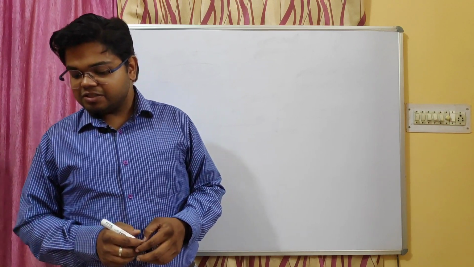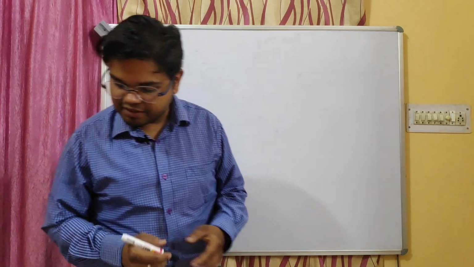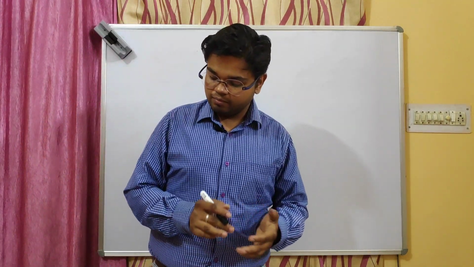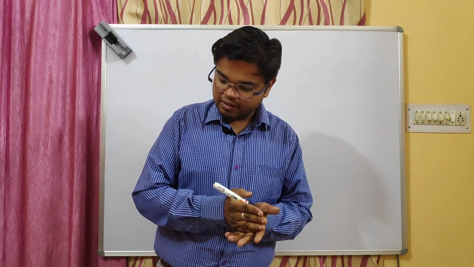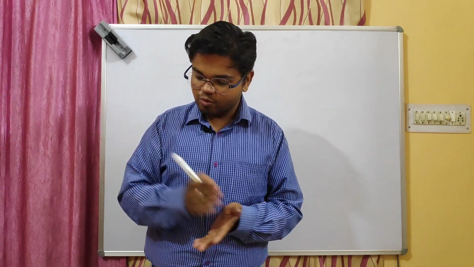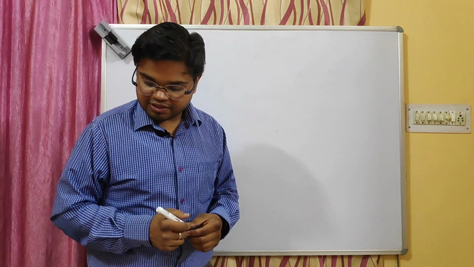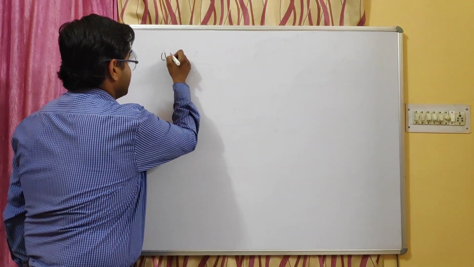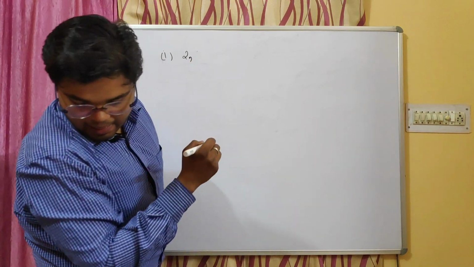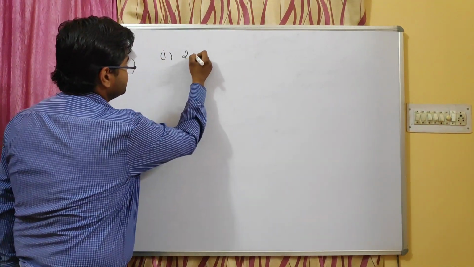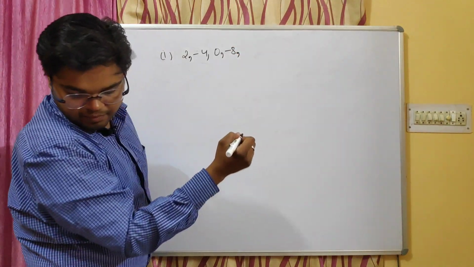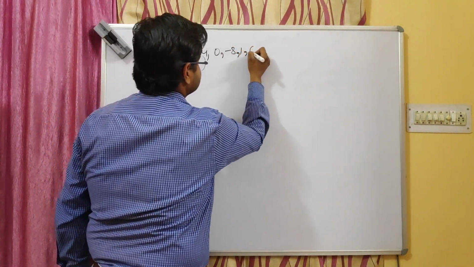Question number 9. Arrange the following sets of integers in increasing order. So we need to arrange them in the ascending order, from smaller to the greater numbers. So the first example, the numbers that we have are 2, minus 4, 0, minus 8, 1, 6.